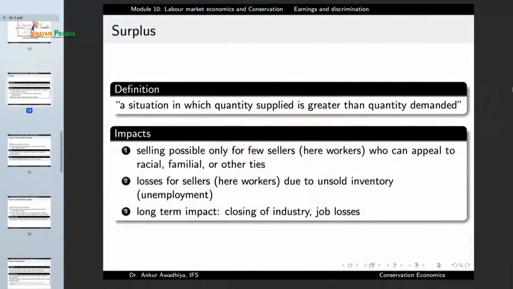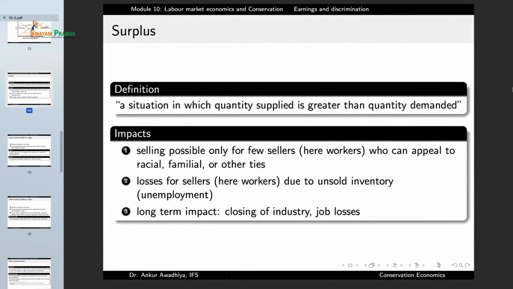Now, the neoclassical theory of distribution was saying that every person is getting paid according to the value of their marginal product of labor. But in the case of such government interventions, it is possible that two people who can put up the same value of marginal product of labor, one of them gets employed, the other one just does not get employed. So this is a modulation.